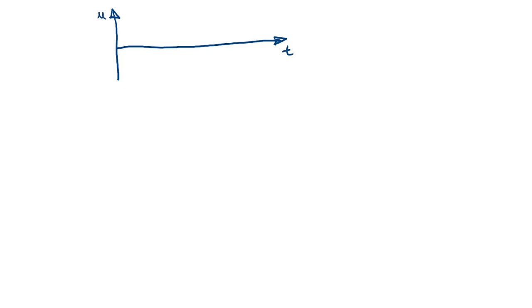Let's take voltage here as an example, and our monochromatic signal is some kind of sinusoidal function here. So this is in fact a sine or cosine wave.